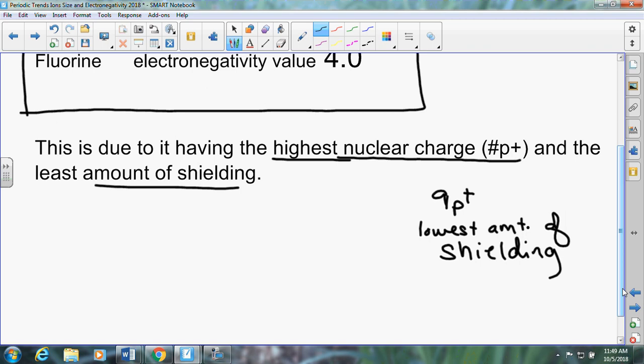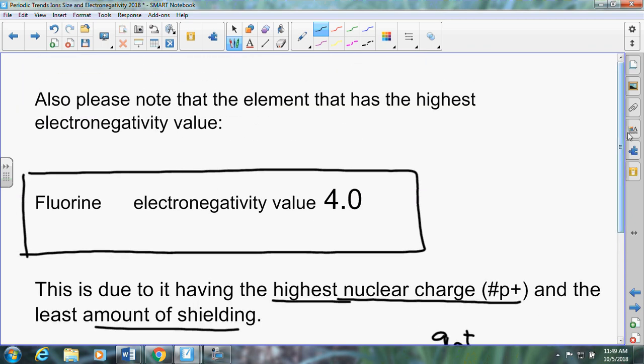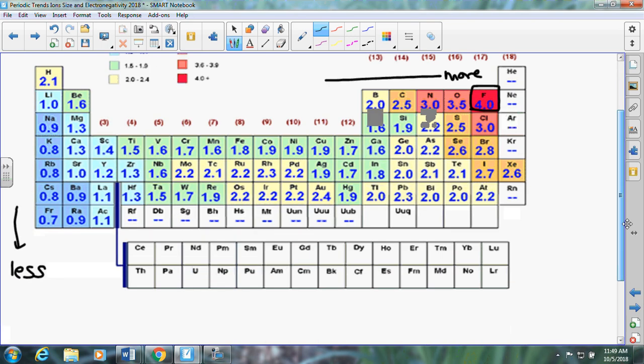If I go back up here, you will notice that from here, everything decreases. So some students like to think it increases as I go up and to the right. That's a great thing to remember. If I go down, it decreases. If I go back this way, it decreases.